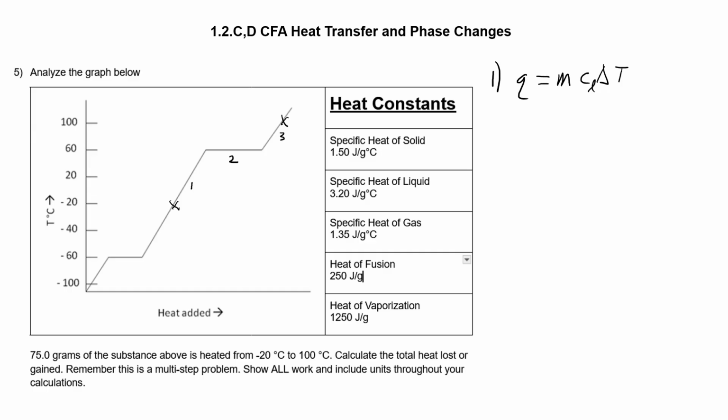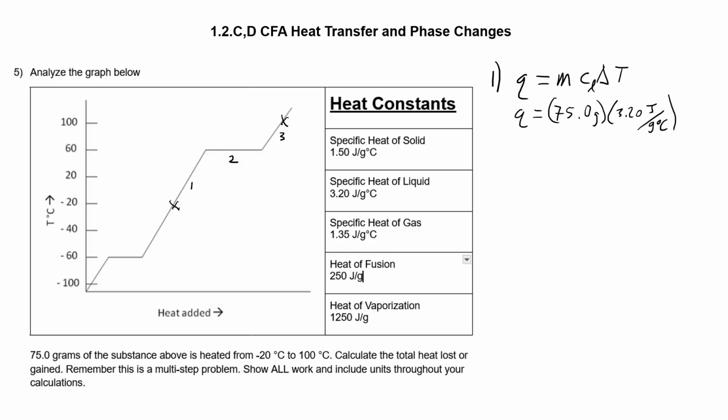So for part 1, Q equals the mass, which is 75.0 grams, times the specific heat capacity of the liquid, which we have as 3.20 joules per gram degrees Celsius.